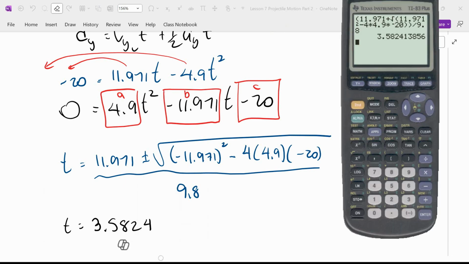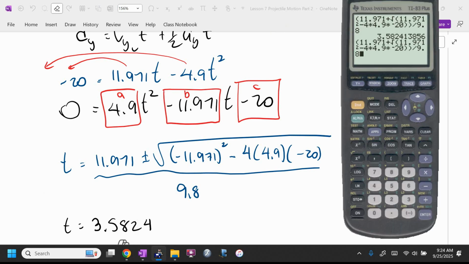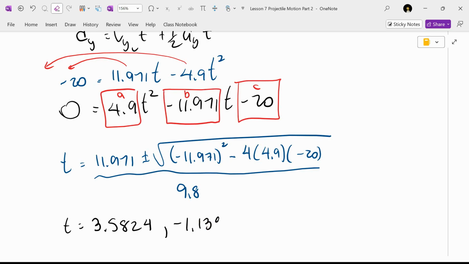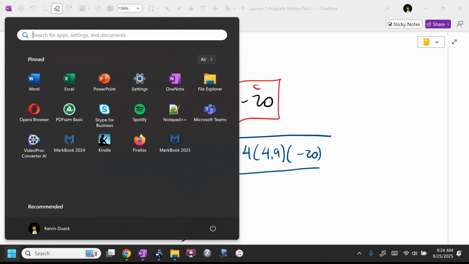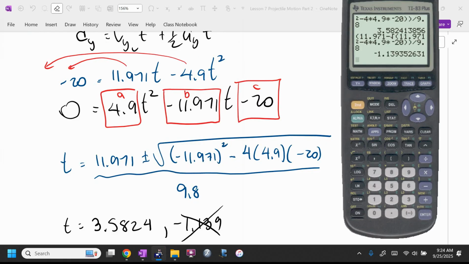I'll just double check by backspacing and editing. Negative 1.139. I don't care how many sig figs I write because I'm not going to use it. And because I want this time back in my answer button, I often just quickly bring the positive back. So I've got that positive 3.5824 stored because I'm lazy but organized.